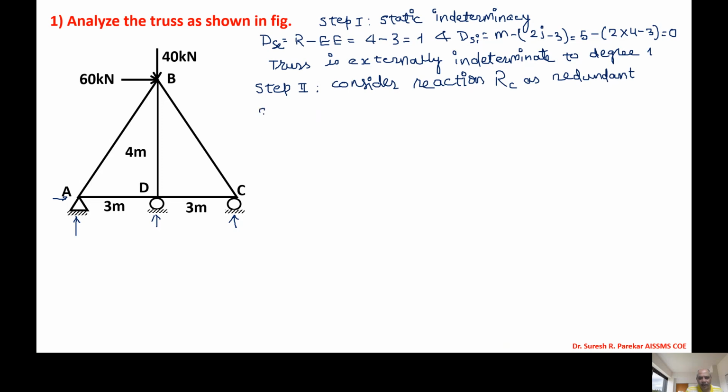Then we have step 3. We have to find P forces. While finding P forces, remove the redundant reaction. If we remove the redundant reaction, we get the truss in this way.